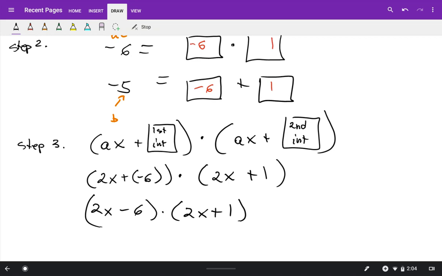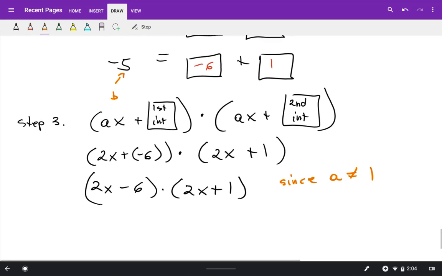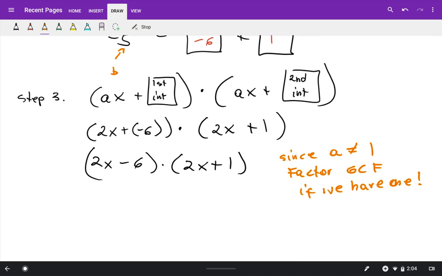Since, and here you need to be careful, since a is not equal to 1, you need to factor the greatest common factor if we have one. Okay, let's talk about 2x minus 6.